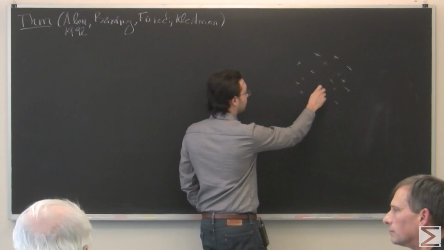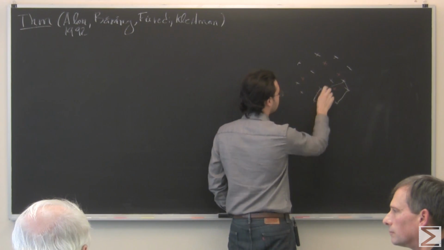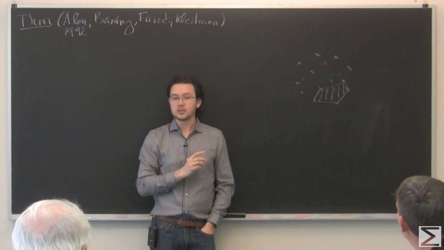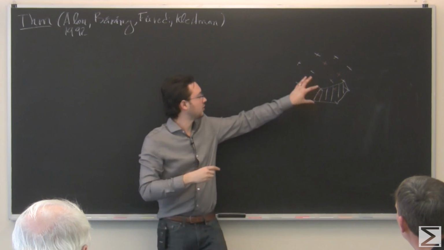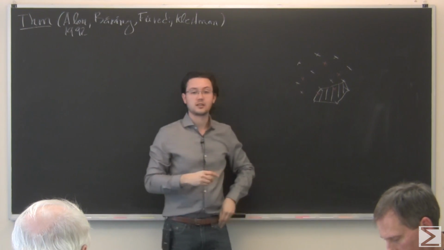Okay, so one thing I could do is, whenever I take 10% of the white points and look at their convex hull, I would want a red point inside, right? Anytime I look at a local small subset of white points, I should get a red point inside.